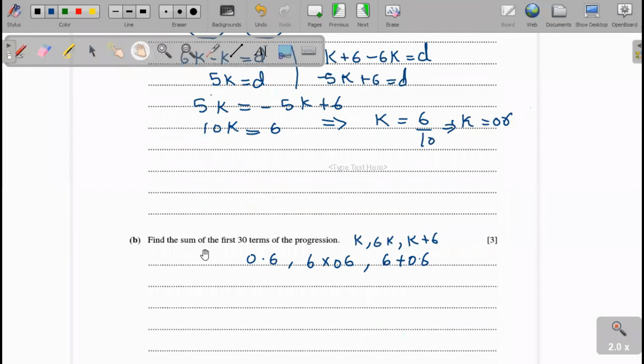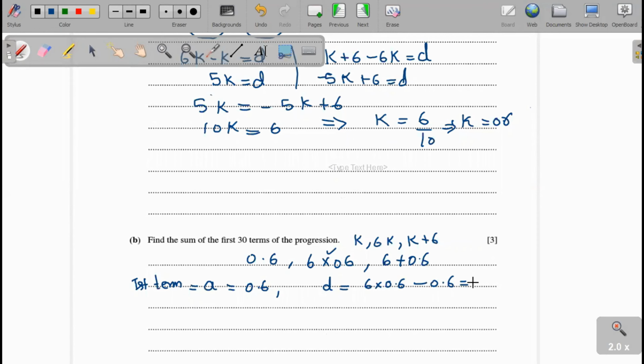Now we find the sum of the first 30 terms. Here k is equal to 0.6, so the first term is 0.6. We find the common difference d, that is equal to 6 multiplied by 0.6 minus 0.6.